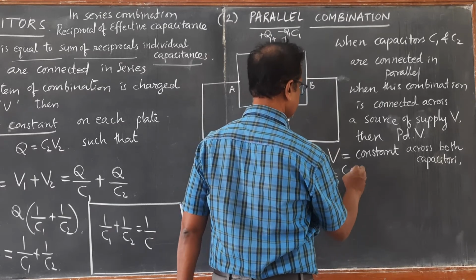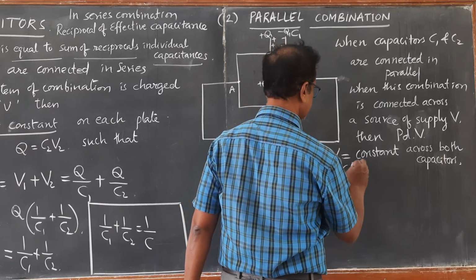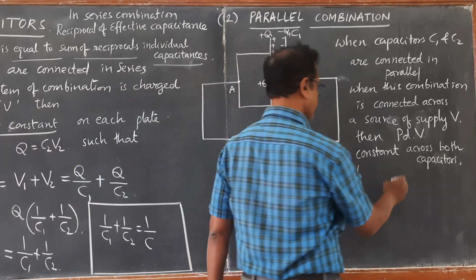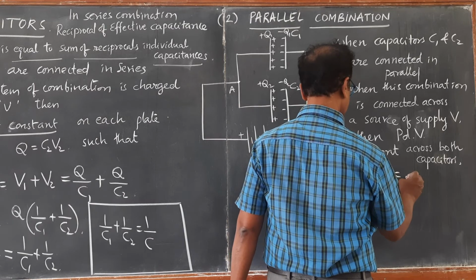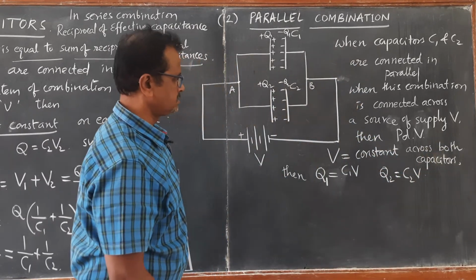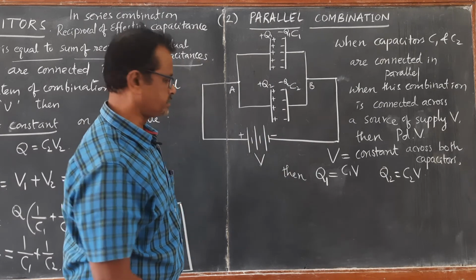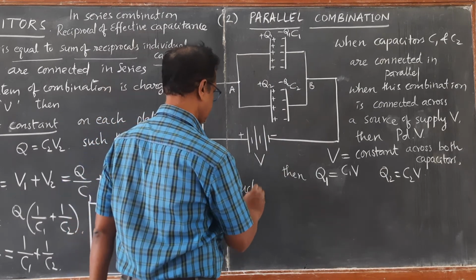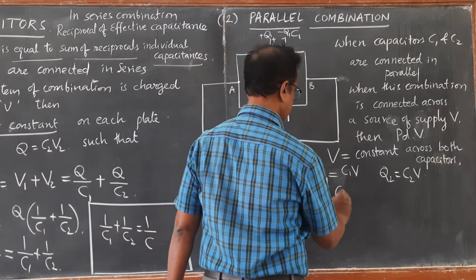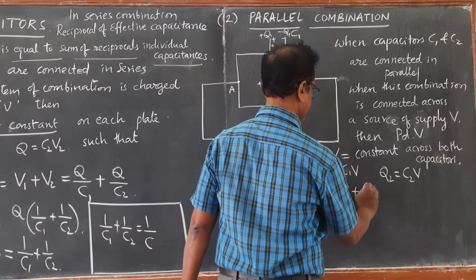Q1 is equal to C1V, and Q2 is equal to C2V, such that Q is equal to Q1 plus Q2.